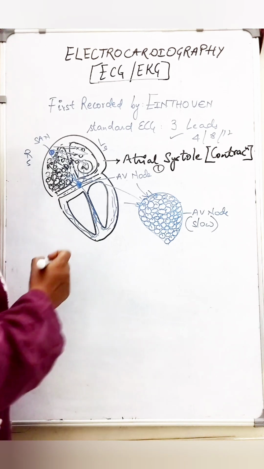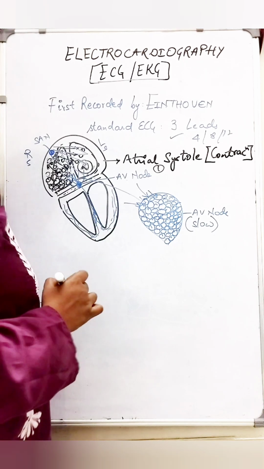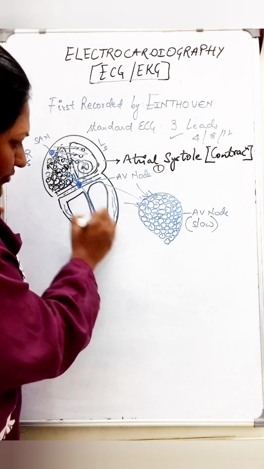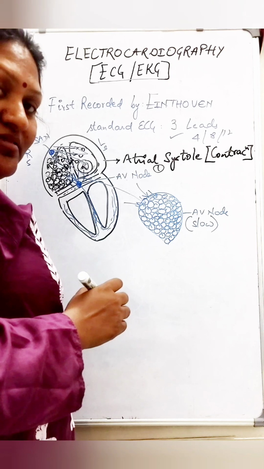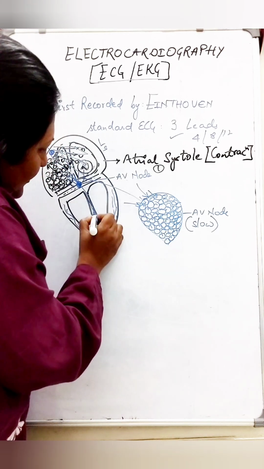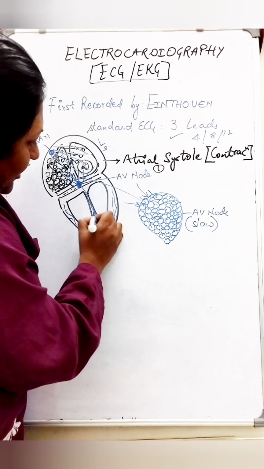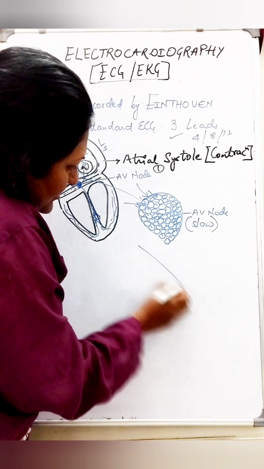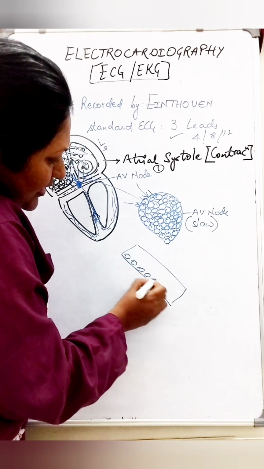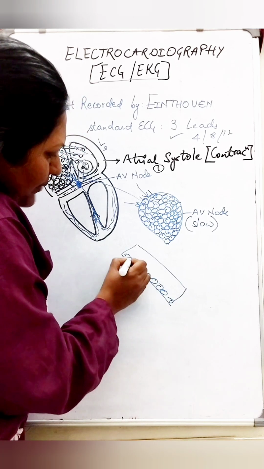Next, this AV node will transmit all the depolarized signals to the bundle of His. Now the bundle of His is very, very important. If you take a piece of the interventricular septum or this bundle of His, you will see it like this. Cells are there, again tightly packed cells.